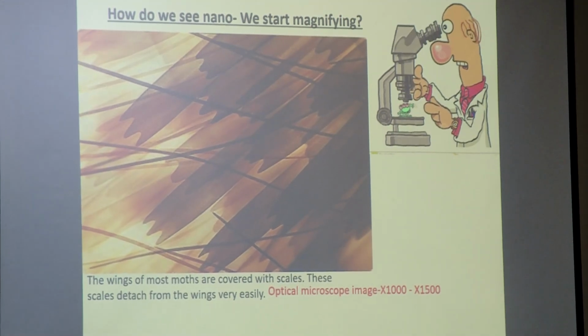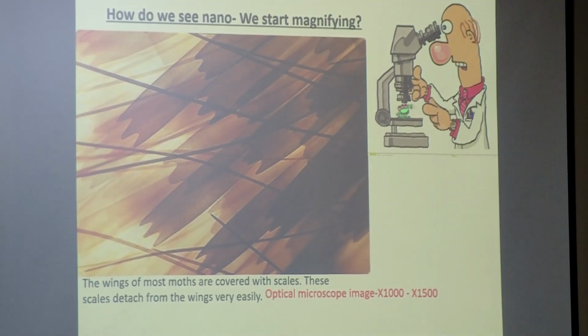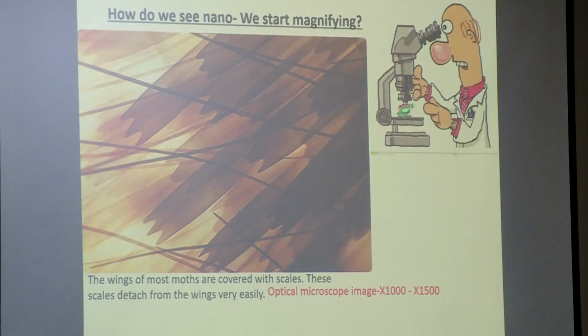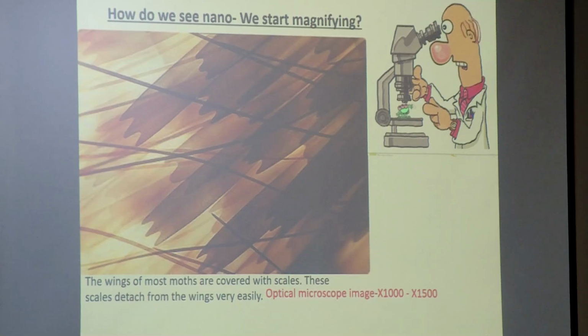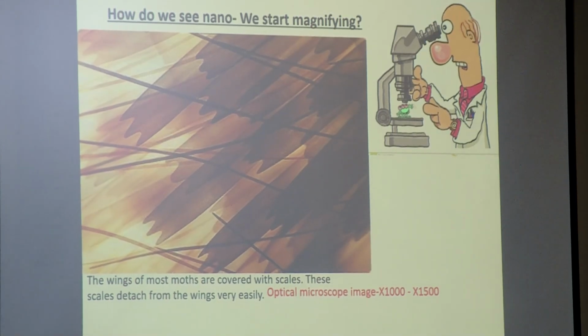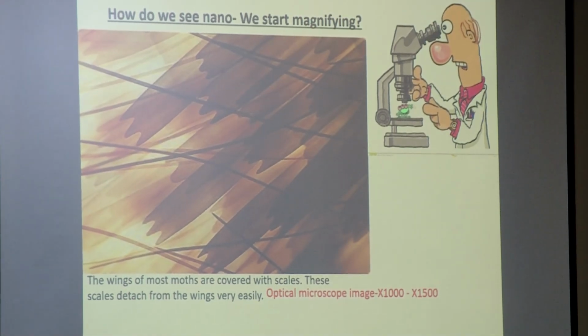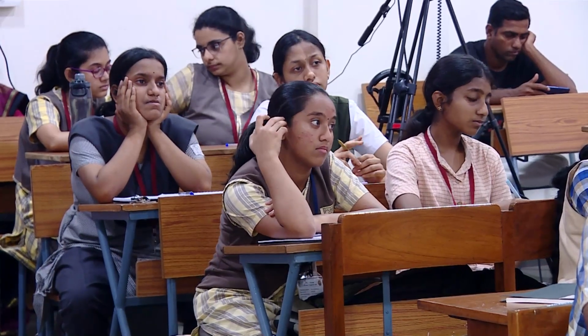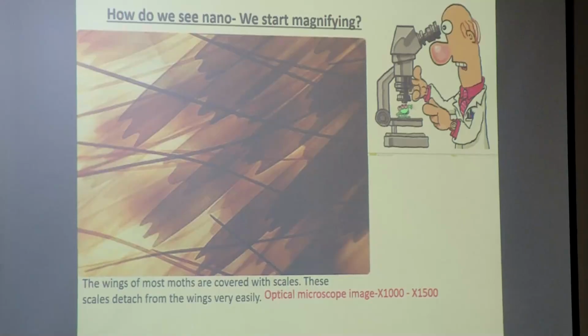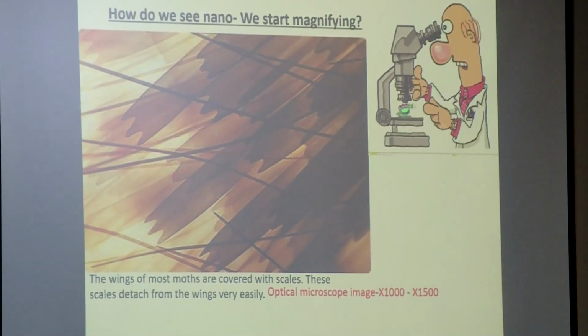It can be some thousands of nanometers, but is it really a nanomaterial? No. So why can't I call it a nanomaterial if it's a 1,000 nanometer material? Why is it not a nanomaterial?